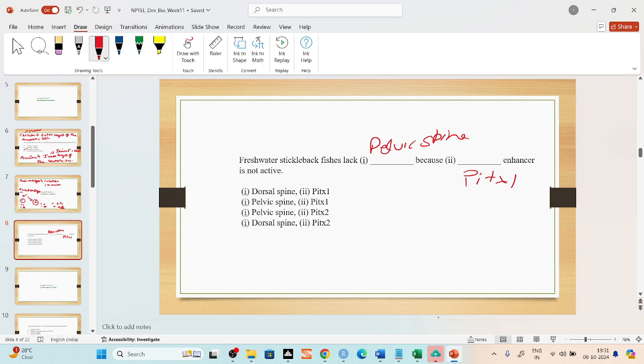Because the enhancer of the gene PIX1, which is involved in the development of pelvic structures, is not active. And this is an example of evolutionary adaptation where changes in regulatory elements, for example enhancers, can lead to morphological differences between populations. And this is a very important point.